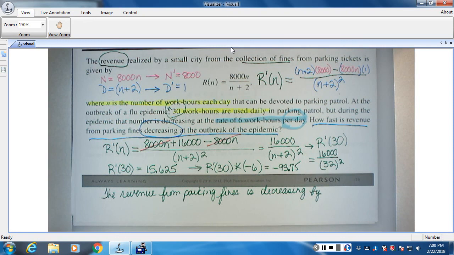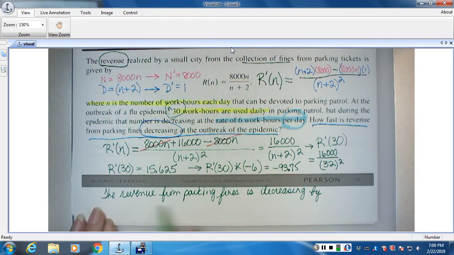It's a lot more straightforward than what it appeared to be. Because when you first read the problem, it all sounds very complicated. But when you realize that it's only asking you to find the rate of change of the revenue, and it gives you the rate of change of the work hours, then it's a pretty straightforward process.